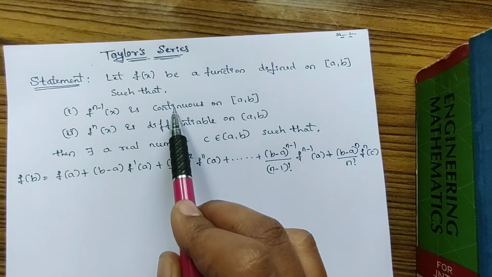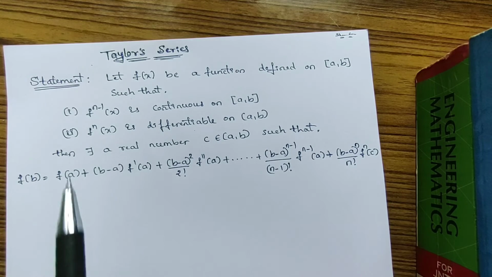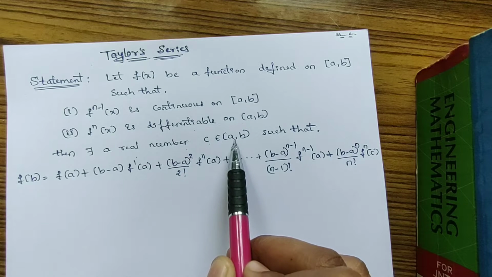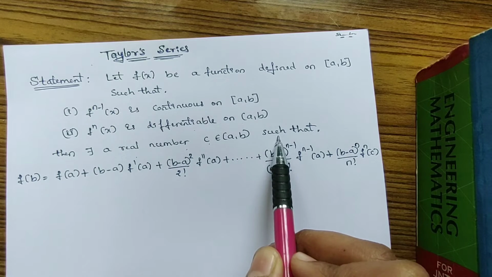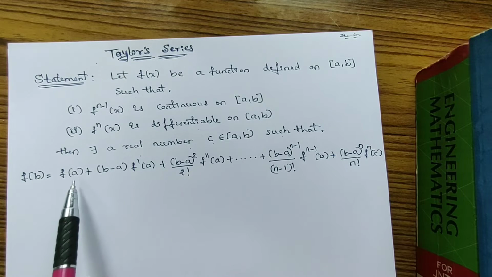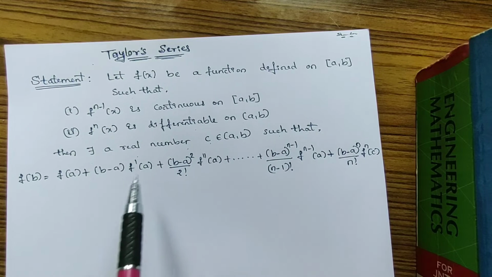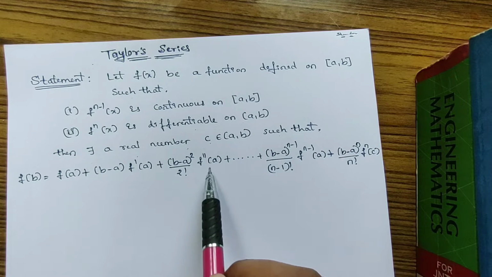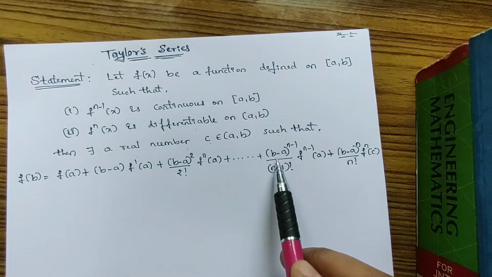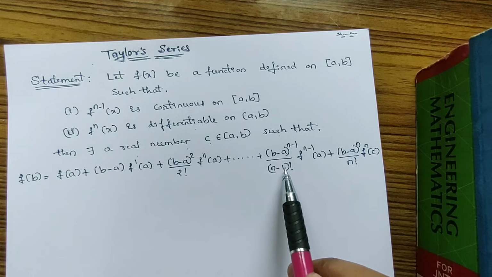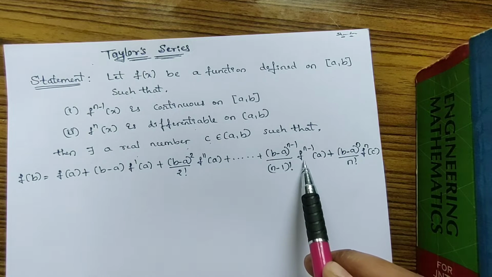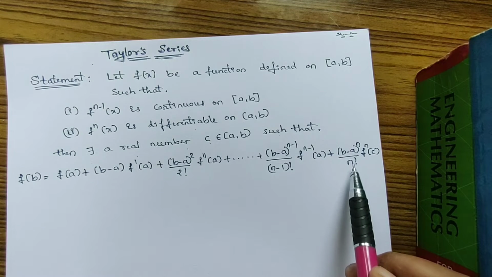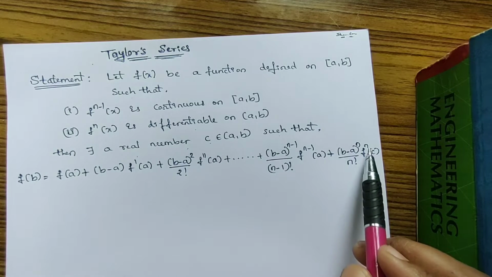If these two conditions are satisfied, then there exists a real number c belonging to the open interval (a, b) such that f(b) = f(a) + (b - a) f'(a) + (b - a)^2/2! f''(a) + and so on, + (b - a)^(n-1)/(n-1)! f^(n-1)(a) + (b - a)^n/n! f^(n)(c).